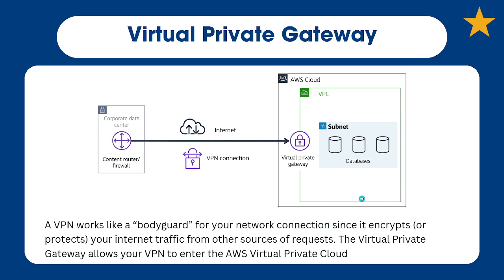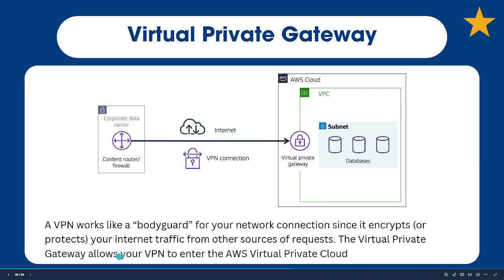So encryption, it's a technique in which you can't really see the data that's traveling. It's kind of jumbled in a way so that outside attackers won't be able to understand, right, what the data being transmitted actually is. So it's encrypted. It encrypts all the traffic from other sources of requests.